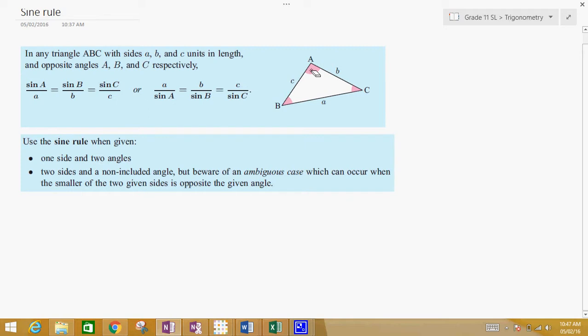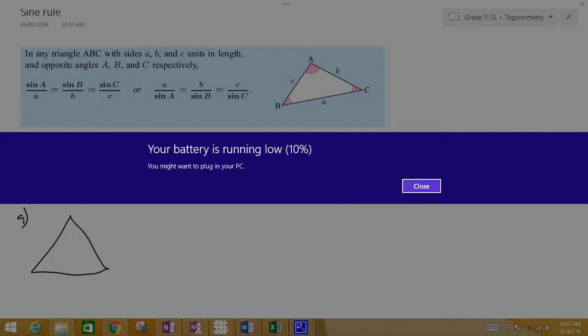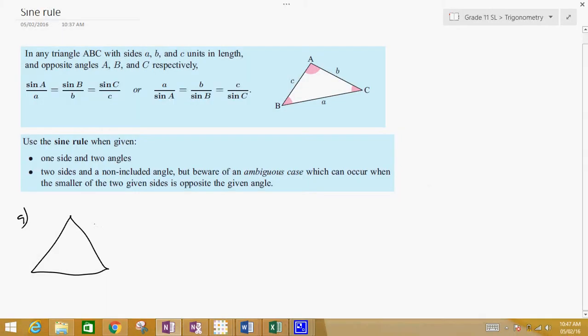So for instance, if I had a triangle where my side is 7 and I have an angle of 15 and an angle of 82, well, you would use the sine rule because I've got two angles and a side that's across from one of the angles. So we could say 7 divided by the sine of 15 is equal to, let's call it x, divided by the sine of 82.